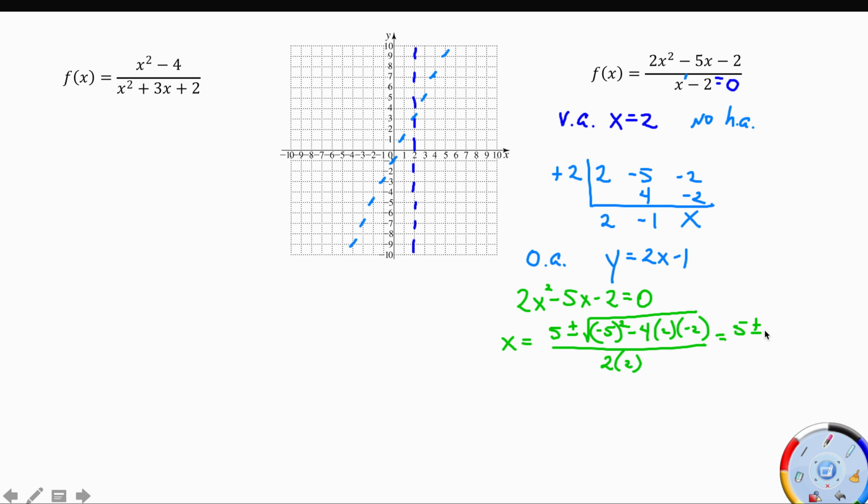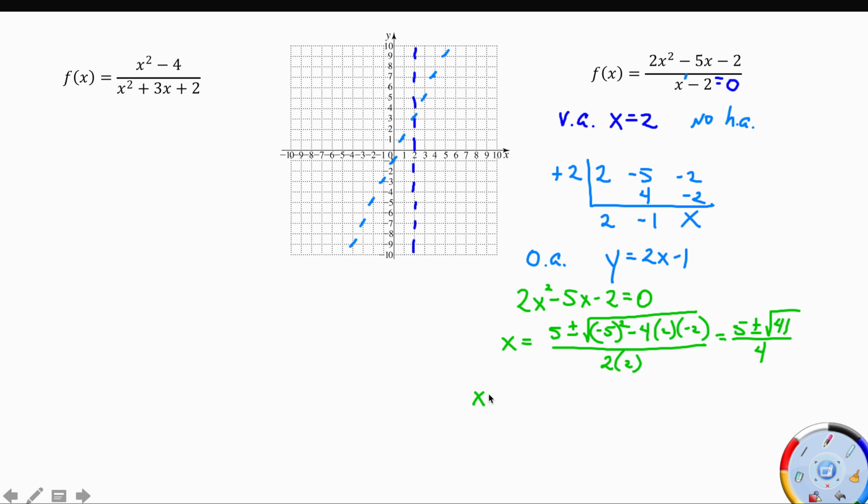So 5 plus or minus the square root of 25 plus 16, so 41, all over 4. The square root of 36 is 6, the square root of 49 is 7, so the square root of 41 is between 6 and 7.